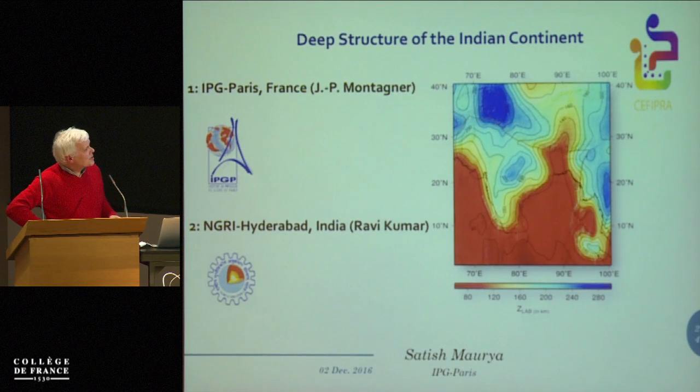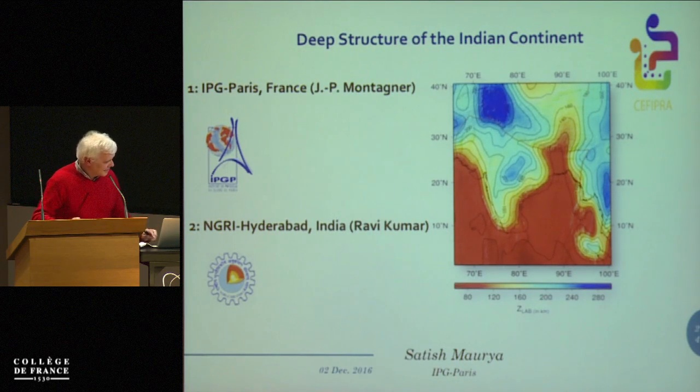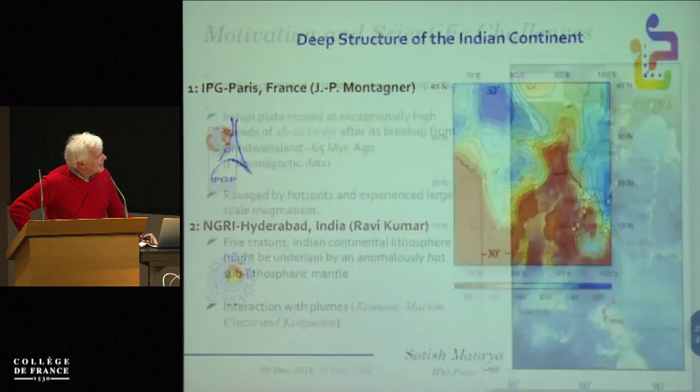Okay, so I will show you some results we got recently with Satish Maurya, a student that we share with people in India. And the idea was to use data which are usually inaccessible, Indian seismic data.